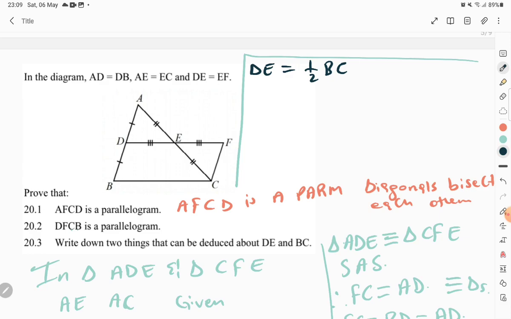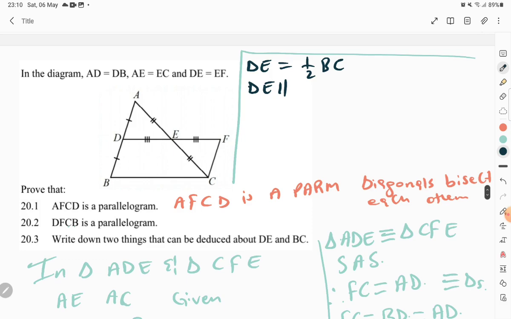It's actually half of BC. Also DE, we know that it's parallel to BC, that's the midpoint theorem. It's from the midpoint theorem.